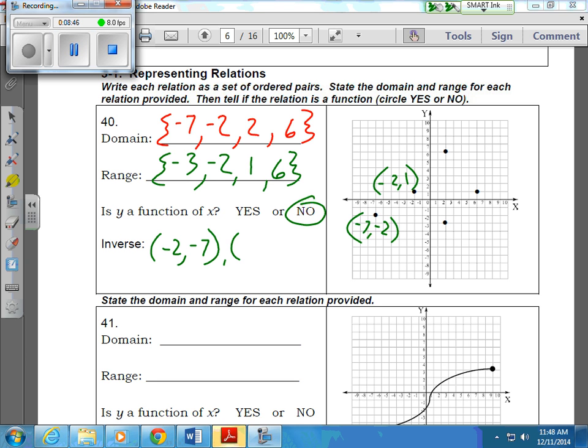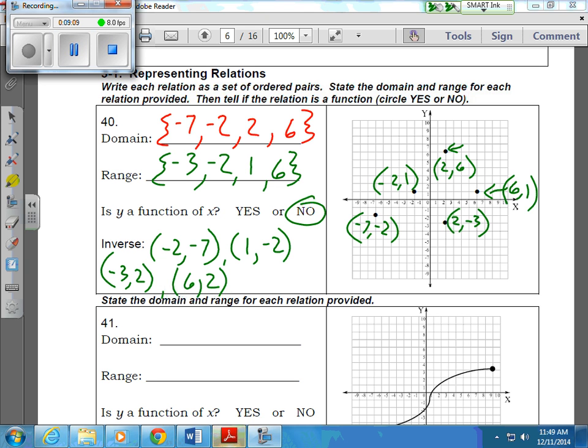Inverse of that, 1, -2. Here we have 2, -3. The inverse of that is -3, +2. This point is 2, 6. Inverse of that is 6, 2. And we have 6, 1. It's going to be 1, 6.